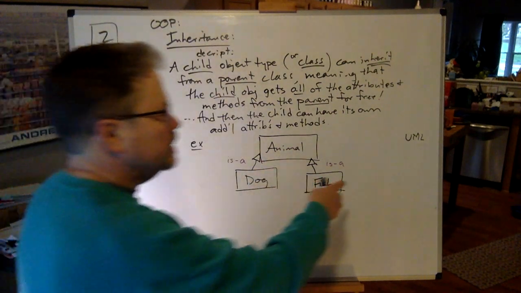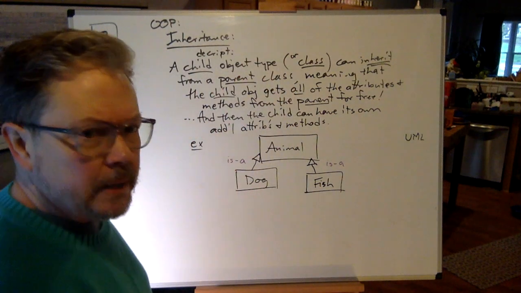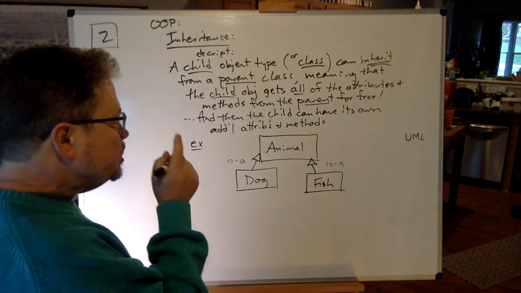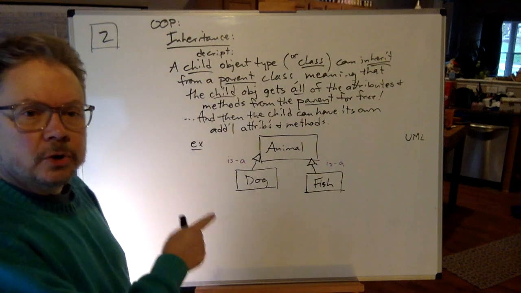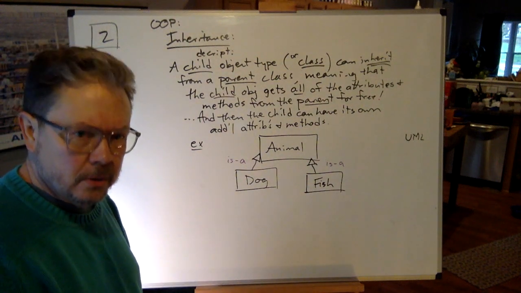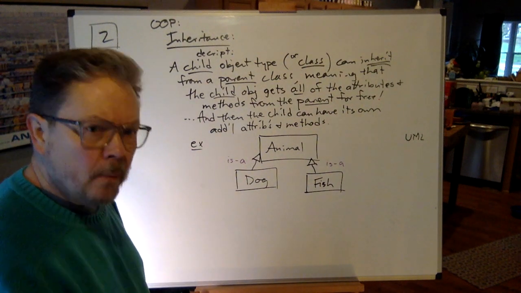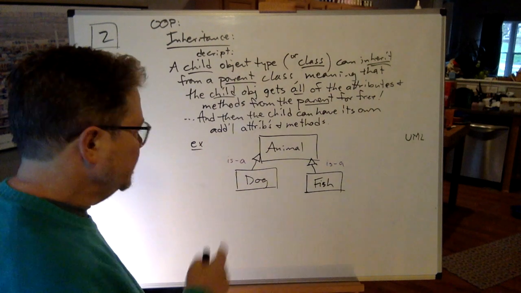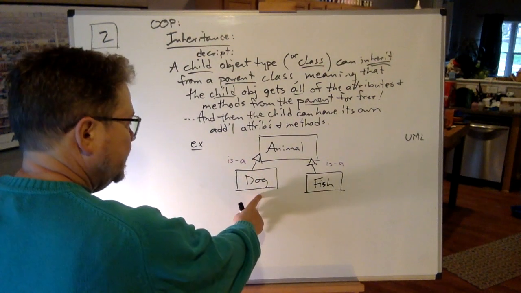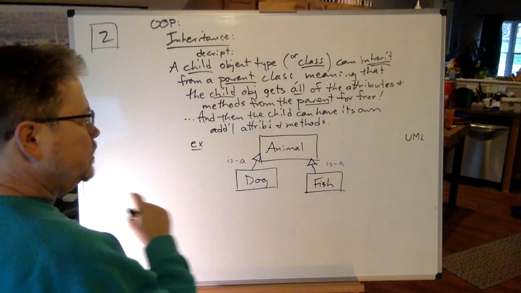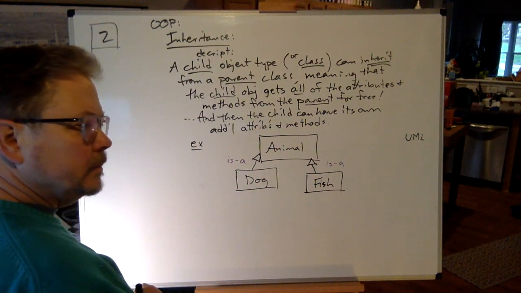UML is language independent, meaning you can implement it in anything. But it describes the rules for drawing pictures to design your code. Isn't that wild? A whole picture drawing computer language. This describes the case where dog inherits from animal and fish objects inherit from animal.